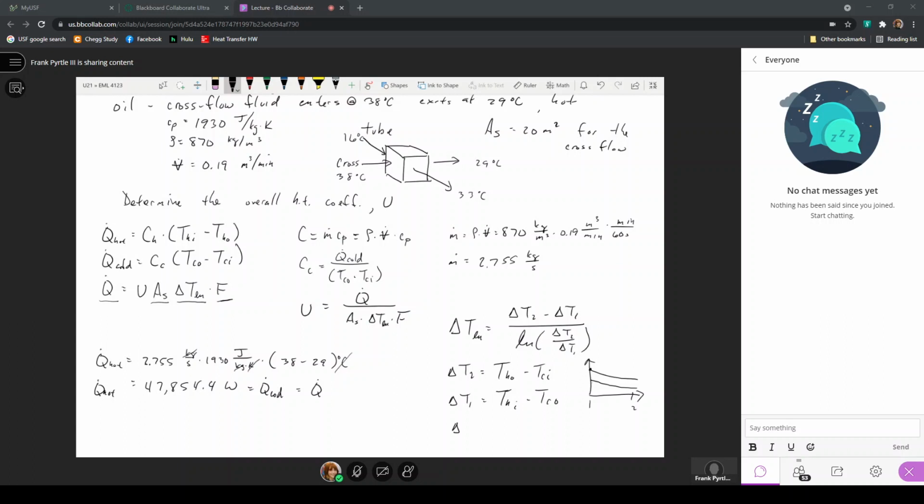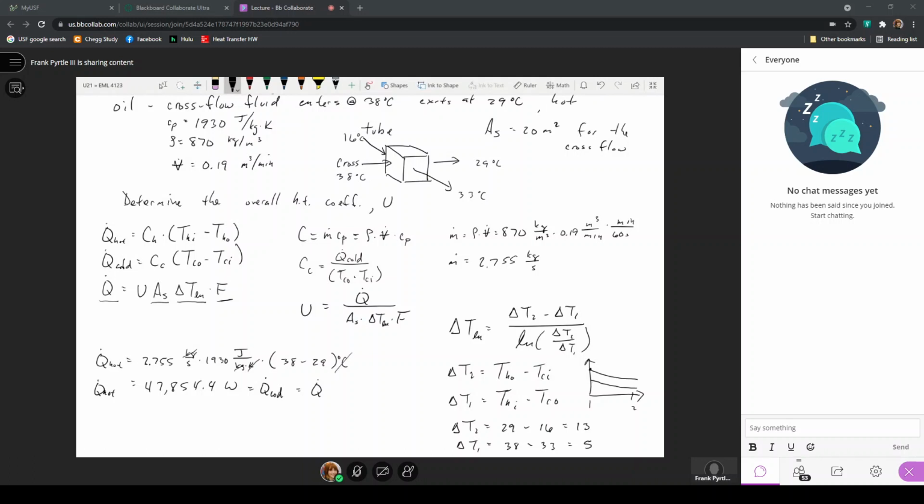So in this problem then, delta T2, the hot outlet temperature is 29 degrees, and the cold inlet is 16 degrees. So 13 degrees for delta T2, and delta T1 is the hot inlet of 38 degrees minus the cold outlet. The cold outlet is 33 degrees. So here this is just 5 degrees.